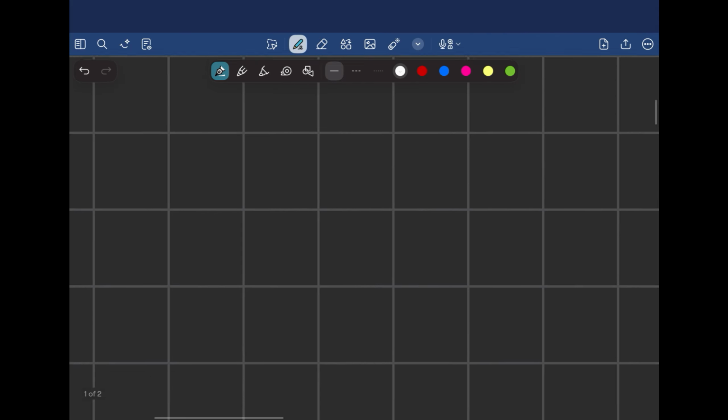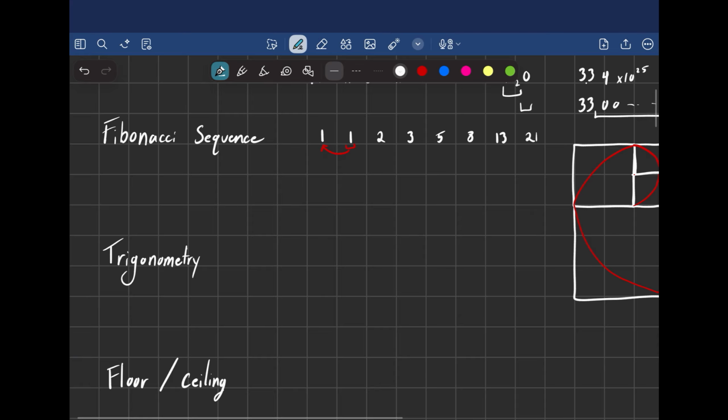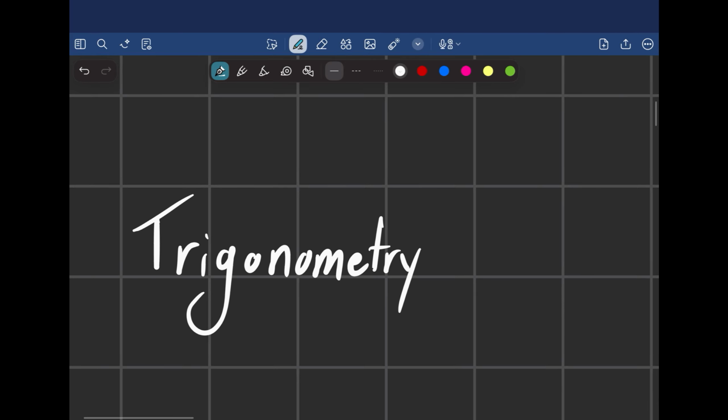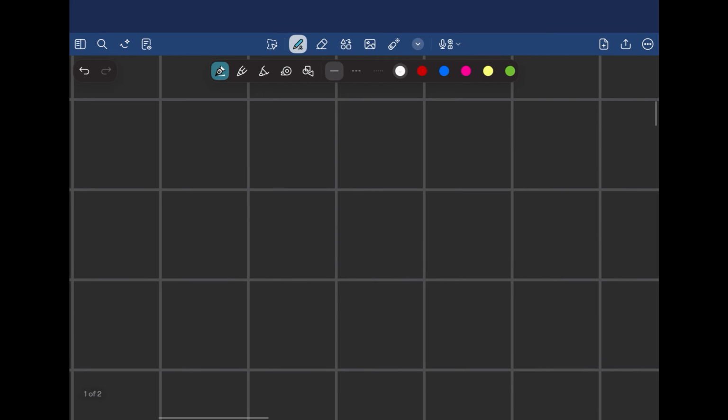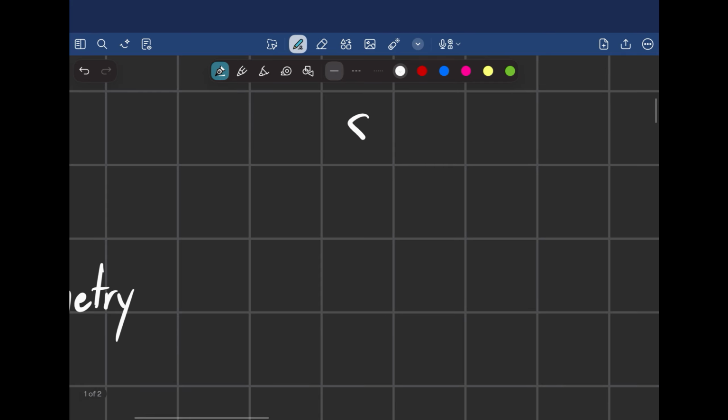Now, another one that's less, I would say, visually exciting is some trigonometry. Personally, I don't like trig, but I use it so much, I don't think I'm allowed to say that. But we can start with, you might be familiar with SOHCAHTOA.